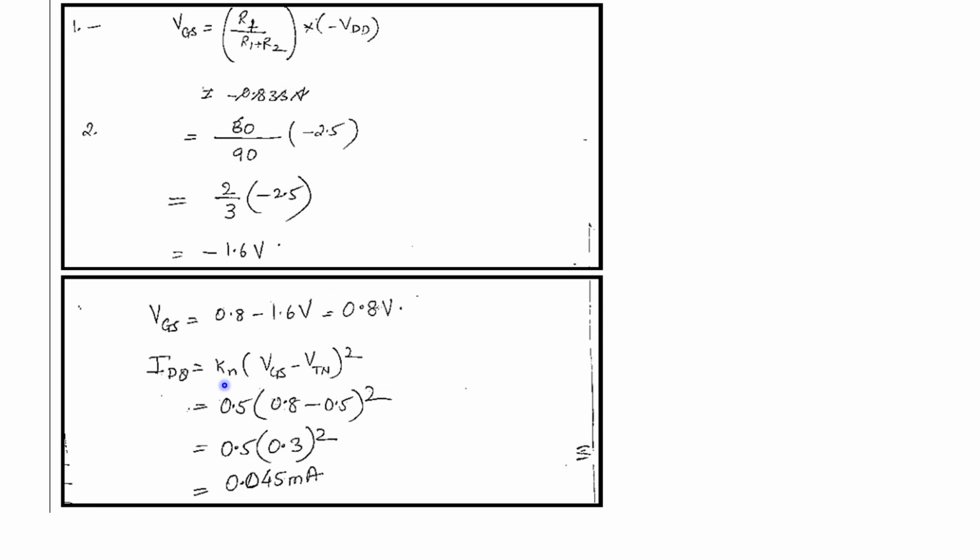So IDQ is equal to Kn into (VGS minus VTN) whole square. Now here I have taken a positive value because I am considering the absolute value. I am not worried about the reversal of the sign because current will not reverse since it's a common source configuration. So we have to consider the absolute value over here.